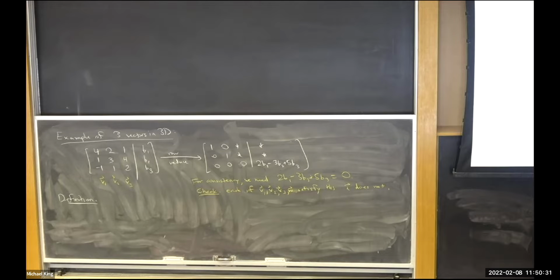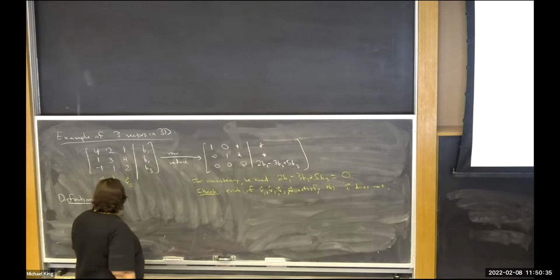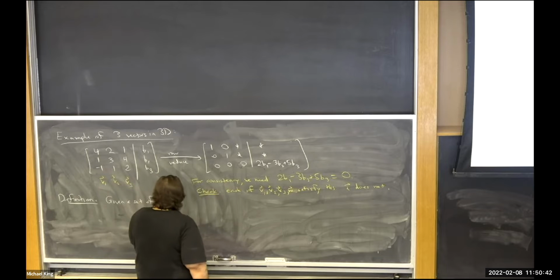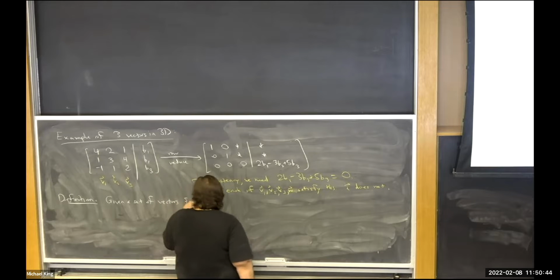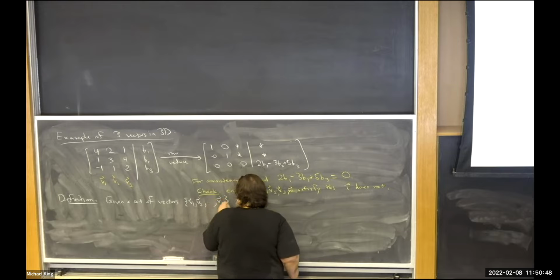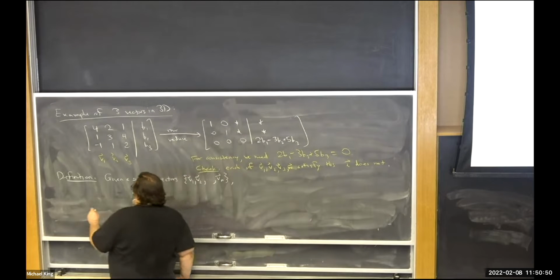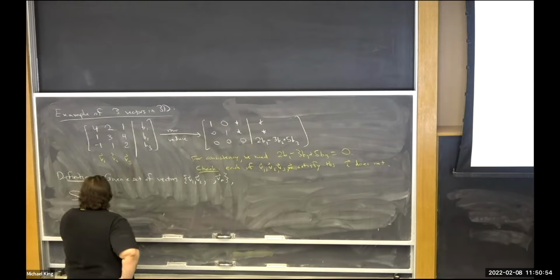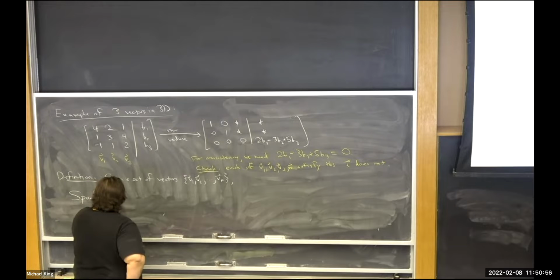So the span, given a set of vectors v1 through vn, we write it like this: span of v1 through vn.